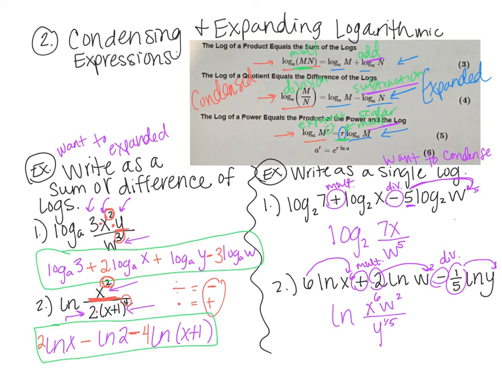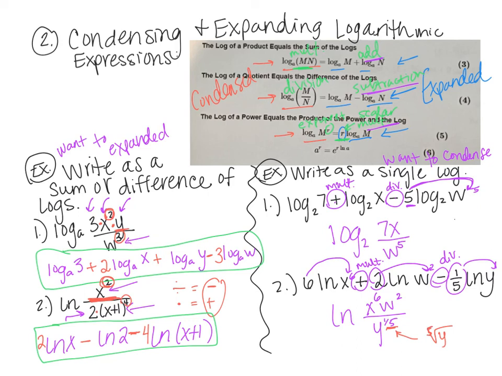Okay, now I'm going to talk a little bit about exponent properties because typically, for me, this would be a perfect answer. However, there is a little exponent property that says anytime you have a fraction, it comes out as a root. So instead of saying 1/5, this would really be the 5th root of y.